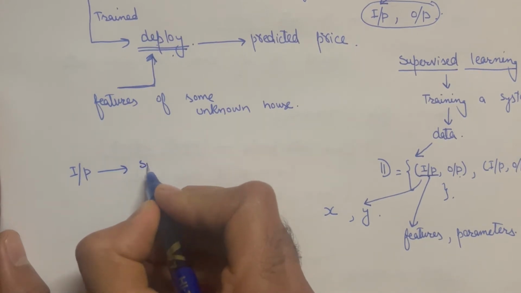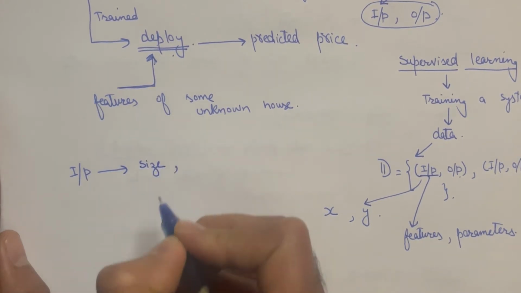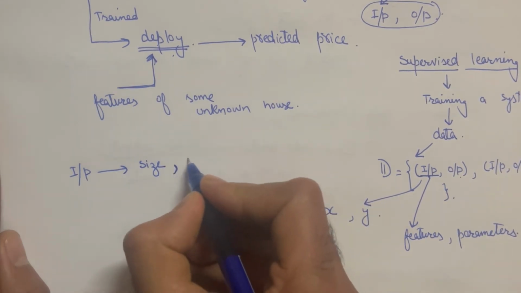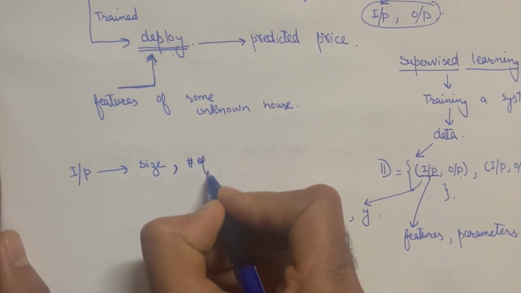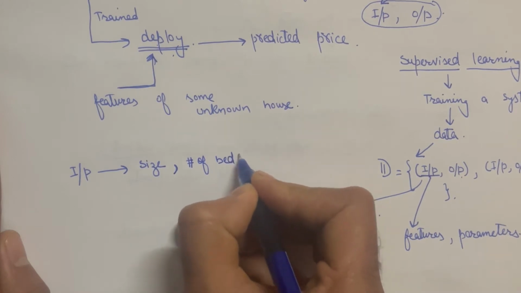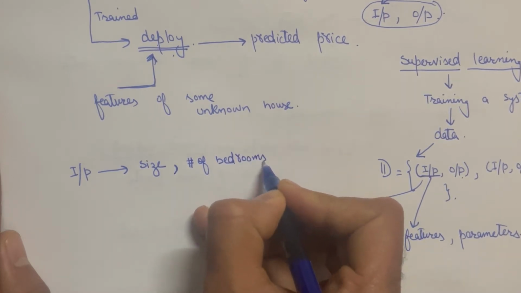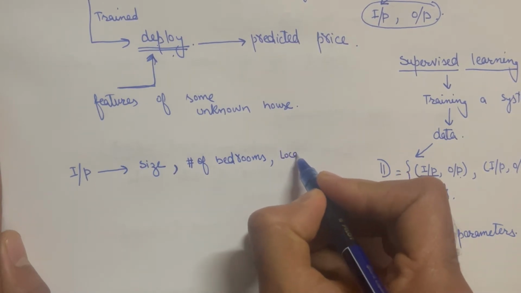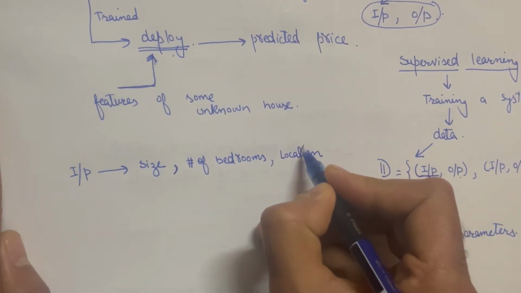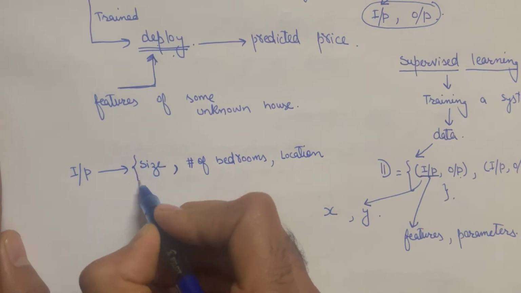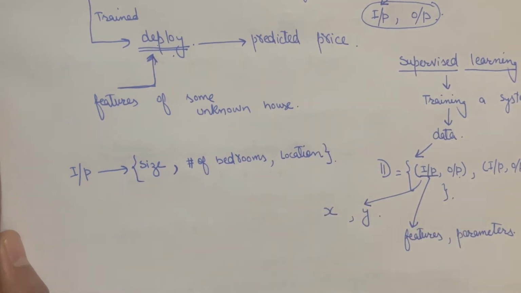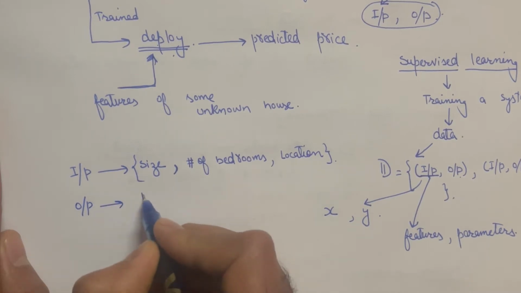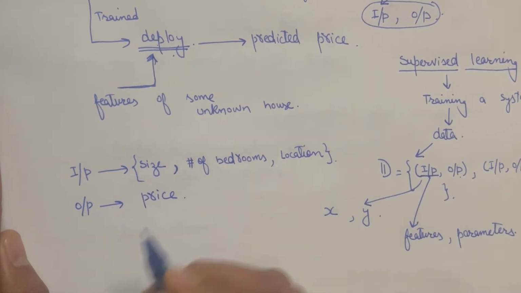The size of the house is one type of feature. Another feature is the number of bedrooms. Another feature is the location. So these are the three features of a house. And what is the output? The output is only the price. A single output is there.